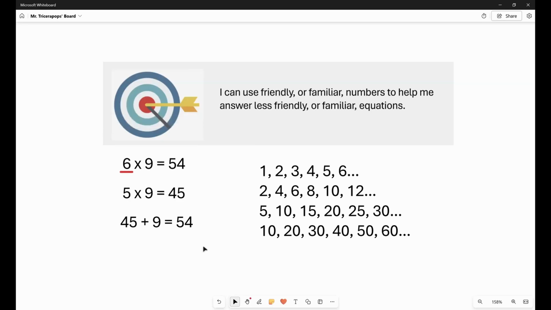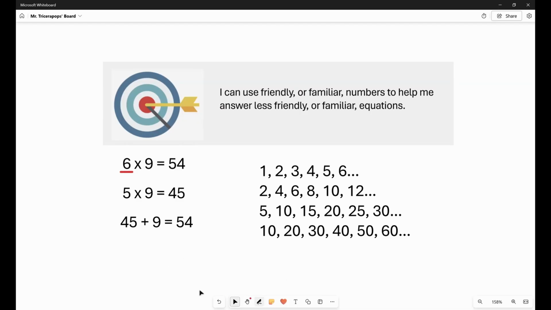You see how we did that? We had 6 groups of 9. We noticed that we had a friendly or familiar equation nearby that could help us. We know our fives. So if I know that 5 groups of 9 or 9 groups of 5 is 45, then I just need one more 9 to get up to that 54, right?